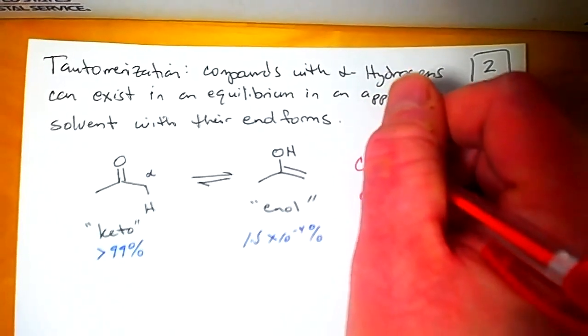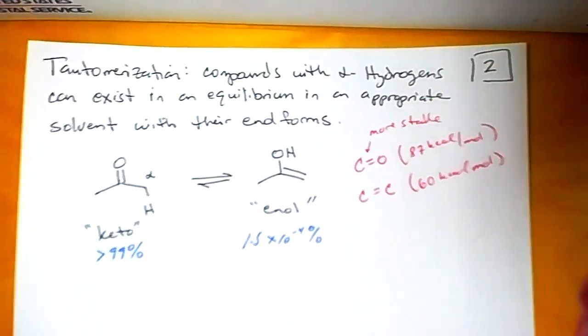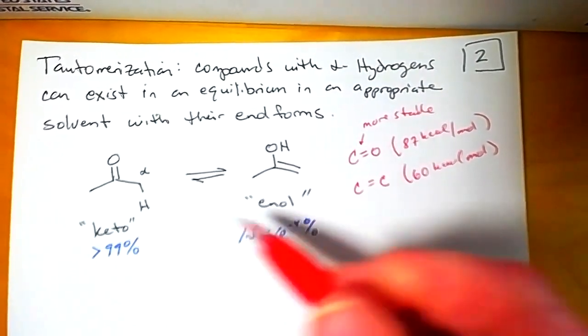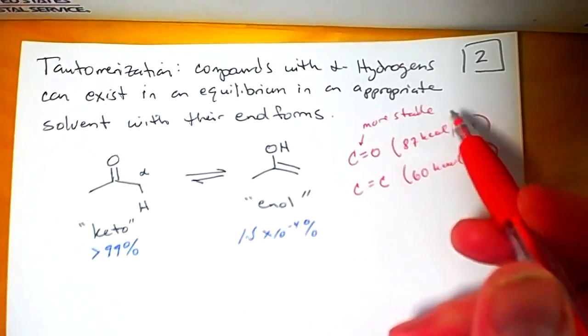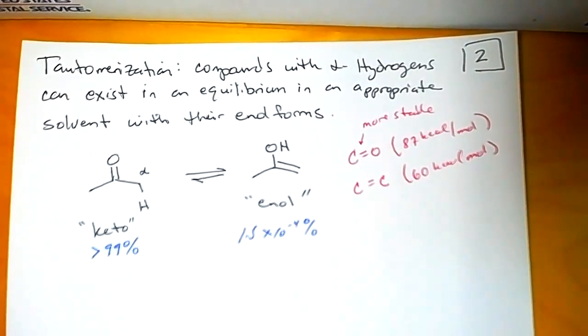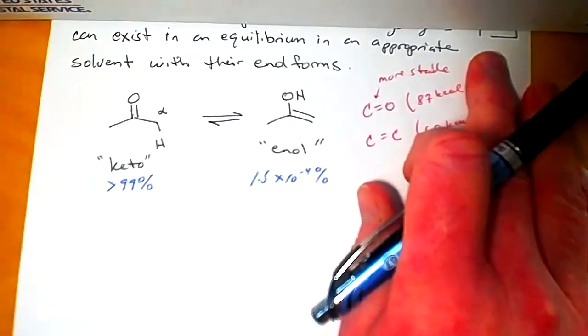And so the carbonyl effectively is more stable than the alkene. And so in an equilibrium, equilibriums will always favor the side that is more stable. Okay. Now, that doesn't mean this is necessarily always the case.